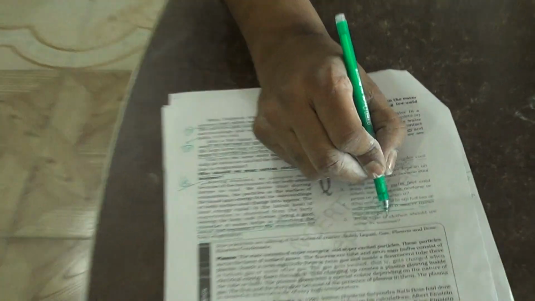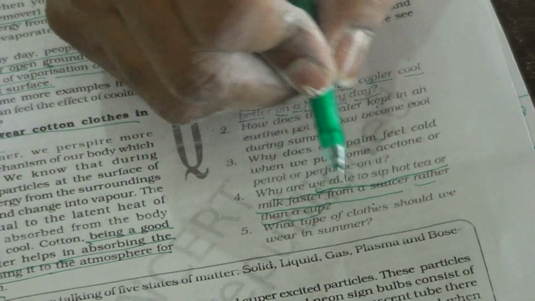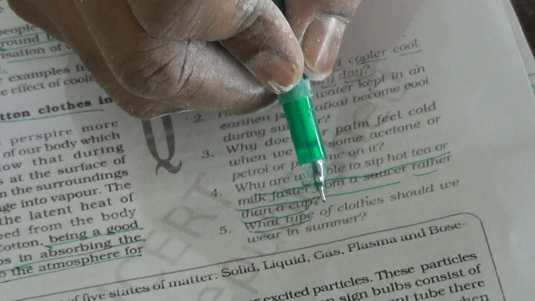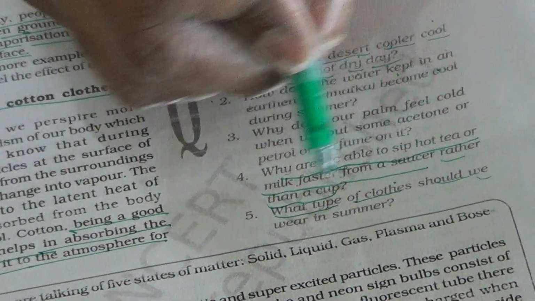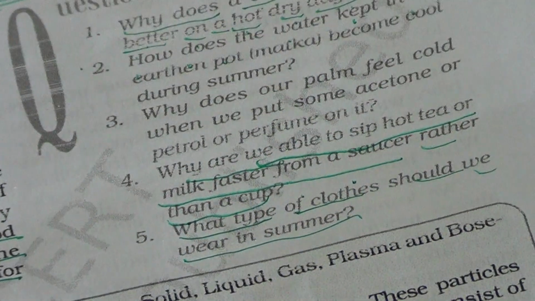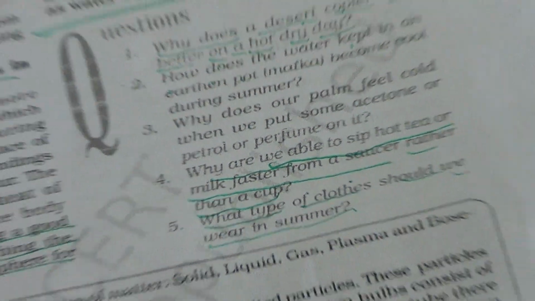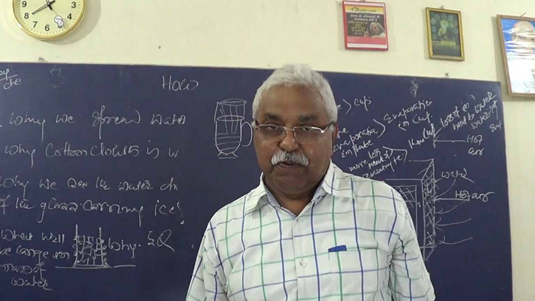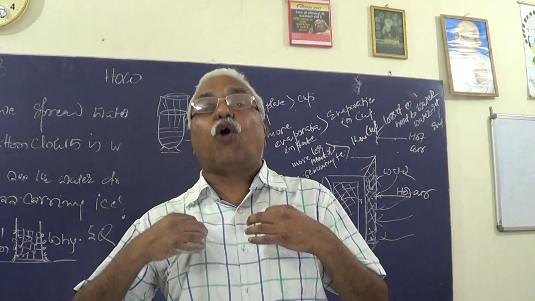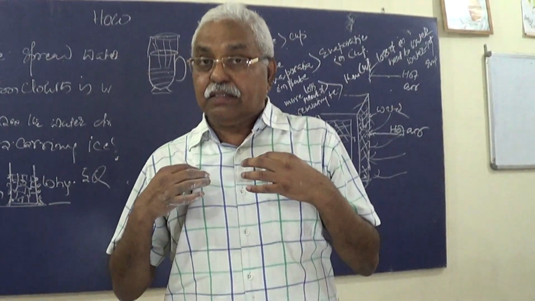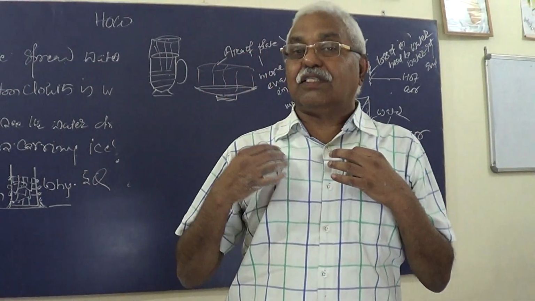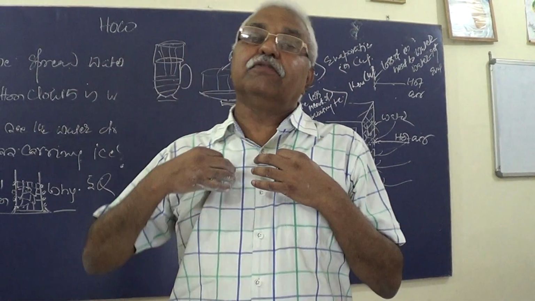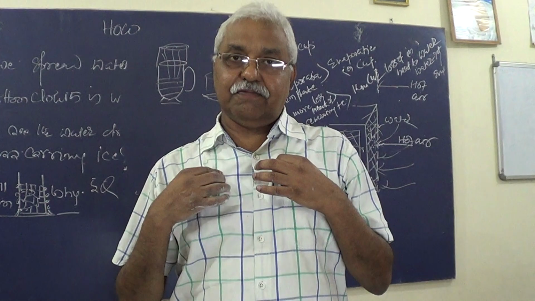What type of cloth should we use in summer? Now, dear students, I have already explained. We should use cotton cloth in summer because cotton is a better absorber of moisture and water.